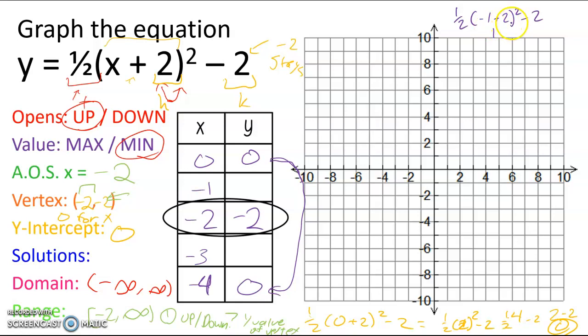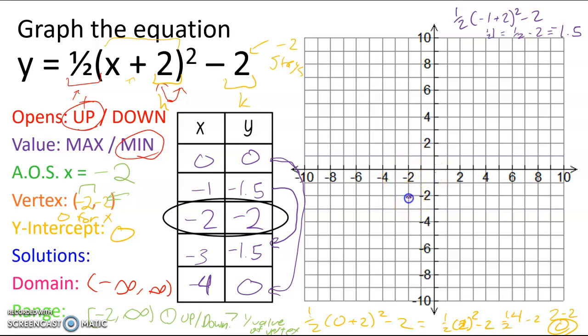So negative 1 plus 2 is 1. 1 squared is 1 times 1/2 equals basically 1/2 minus 2. That gets us a negative 1.5. So I'll plug it in here, negative 1.5. Again, because my vertex is in the middle, this has to be the same value as that. And there we go.